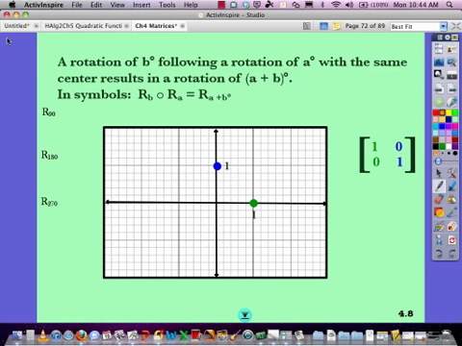So in symbol form, our rotations are now going to be capital letters, so new symbol here. A rotation of b degrees follows a rotation of a degrees, and it would give us a rotation of a plus b degrees. So capital R is our rotation, and remember we've already had little r was our reflections.